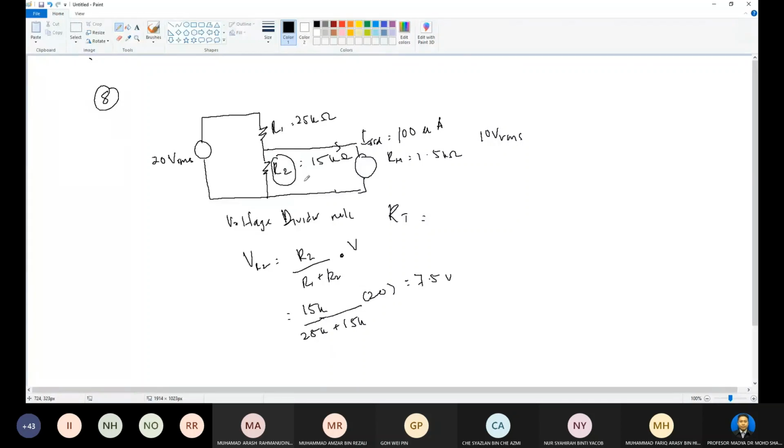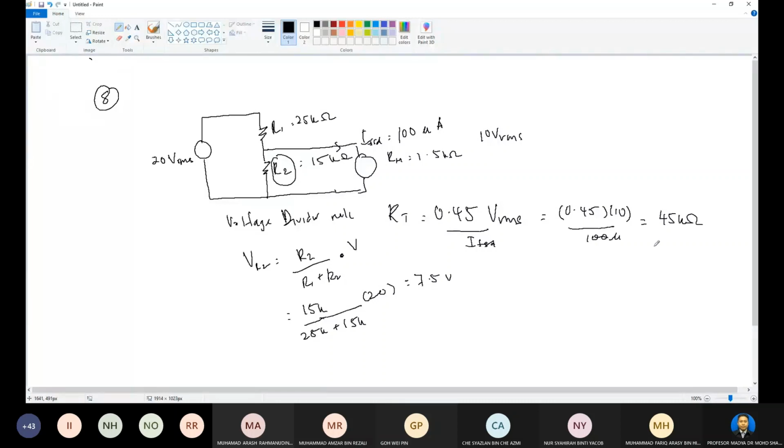The RS plus RM equals 0.45 multiplied by VRMS, divided by the full scale deflection current. So that is 0.45 multiplied by 10 volts over 100 microampere. Then we can get 45 kilo ohms.